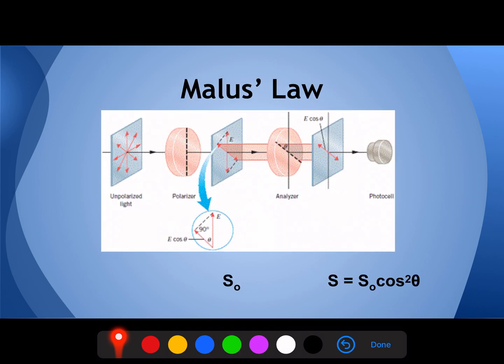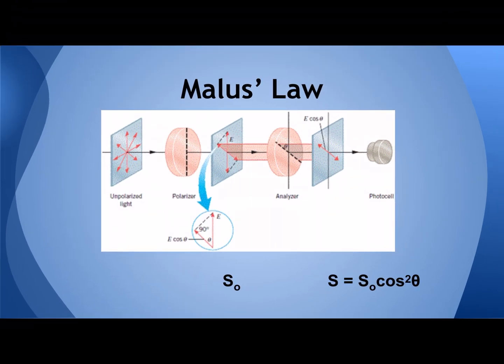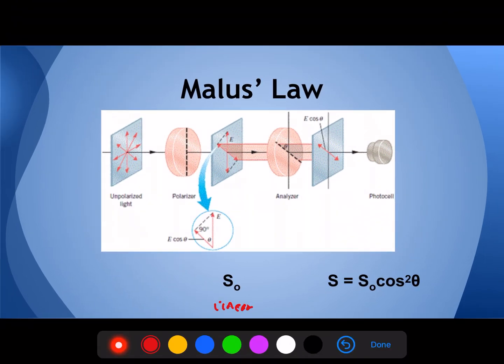Okay, then we can further put another polarizer in here, which is usually called an analyzer. And this law here, Malus's law, tells us that if we have this linearly polarized light going through yet another polarizer, when it emerges from this other polarizer, the intensity will drop off according to this equation here, where I is the intensity of the linearly polarized light, so this is not the original intensity.